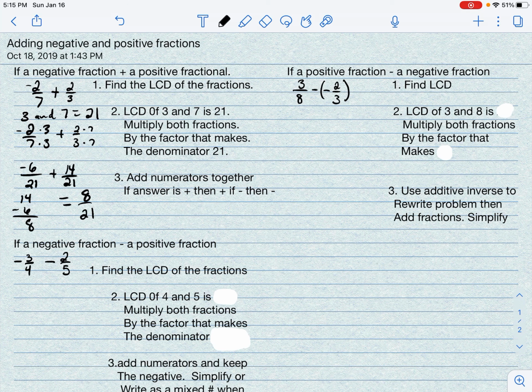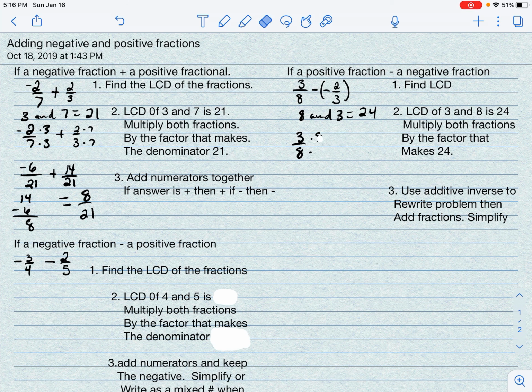Okay, likewise, this one's a positive fraction minus a negative fraction. So we find the least common denominator. The LCD of 8 and 3 is going to be 24. Okay, so we're going to adjust each fraction. So 3/8 times 8.